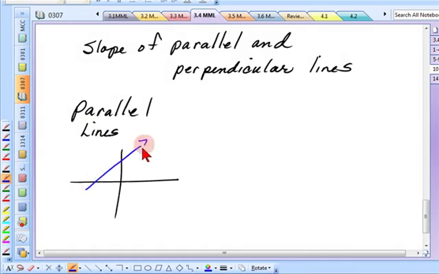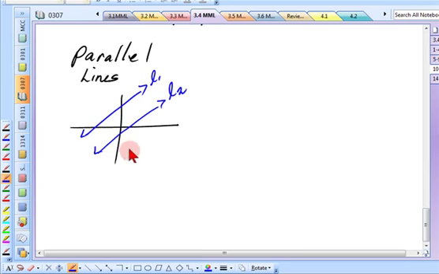Let's suppose I have this line and I have this line. What might be true about their slopes? They are equal. If this is line 1 and this is line 2, then slope number 1 equals slope number 2. The slopes are equal when the lines are parallel. They have the same rise over run, so their slopes are the same.